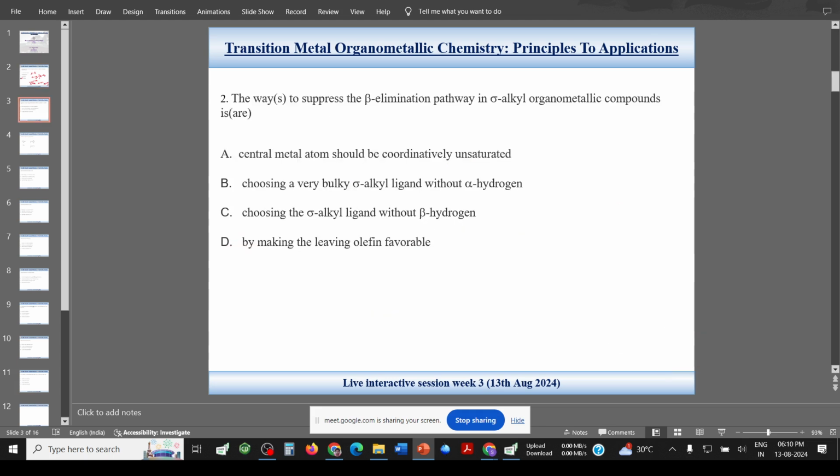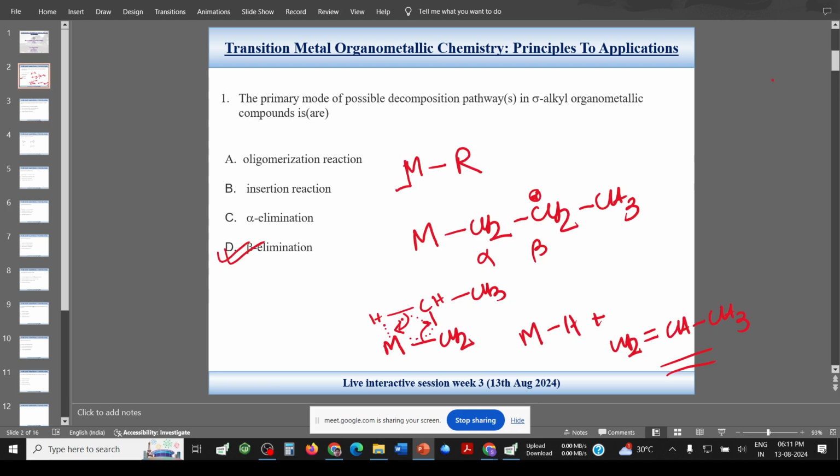Going to the next question: the way to suppress the beta elimination pathway in sigma alkyl organometallic compounds is or are. As we have seen, metal alkyl complexes are very susceptible to undergo the beta hydrogen elimination reaction.